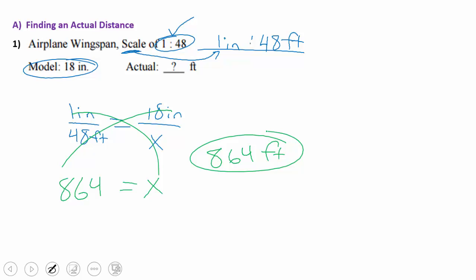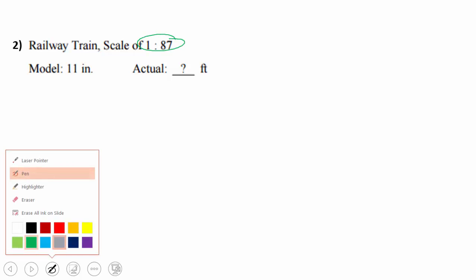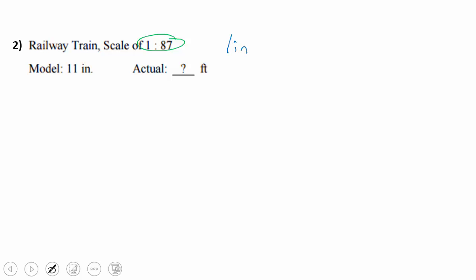Otherwise, they could be wrong. 864, if you wrote inches, you would be wrong. It's 864 feet. Going to our next one. Again, we need to fix that scale. It needs to say 1 inch to 87 feet. Well, this is another scale of inches to feet. It doesn't always have to be that way. We know they're proportional.